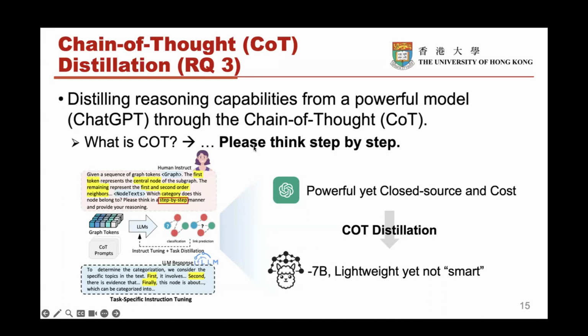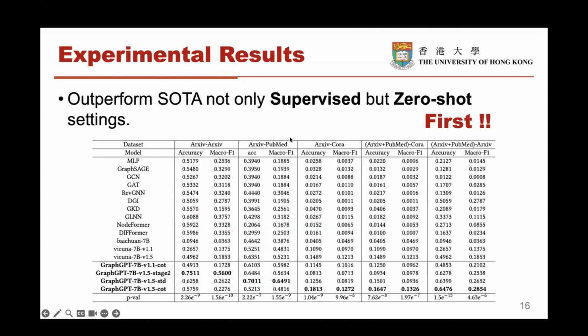Our GraphGPT with 7 billion parameters is lightweight yet not very smart, especially when we feed it very complex downstream graph tasks. So we use our CoT distillation to deal with it. That is, we distill the reasoning ability from the powerful ChatGPT into our lightweight 7 billion parameter GraphGPT.